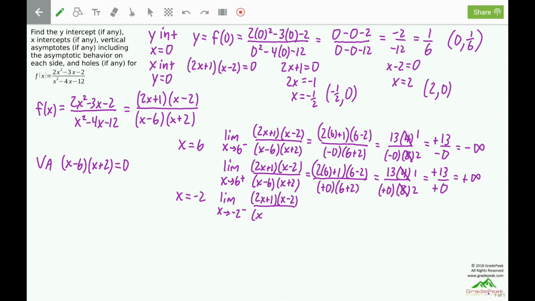Always working on the fully factored canceled version of the function. Let's start with the left-sided limit.